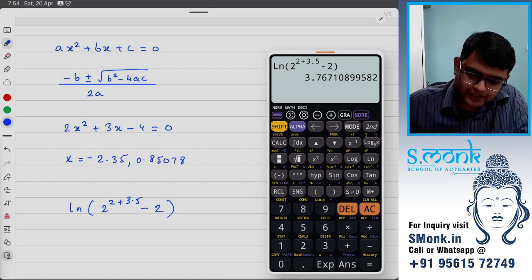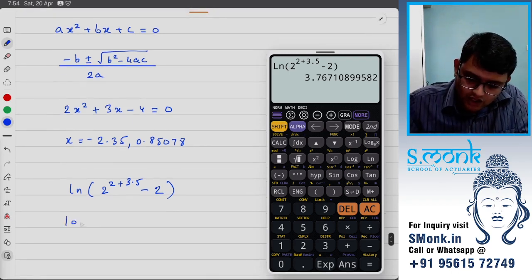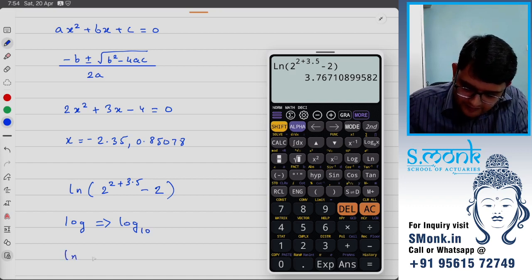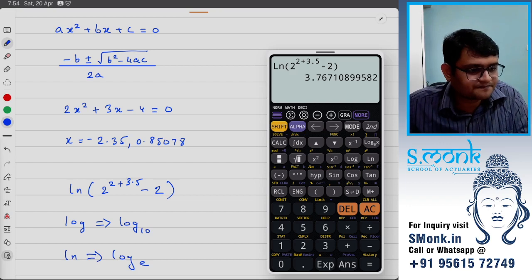What's the difference between log and ln? Log is base 10. Okay, log is always base 10. So I'll say log is same as log base 10, and ln is log base e.